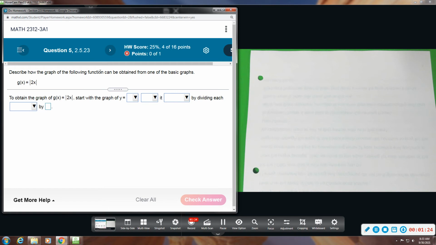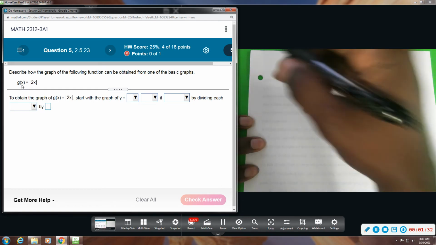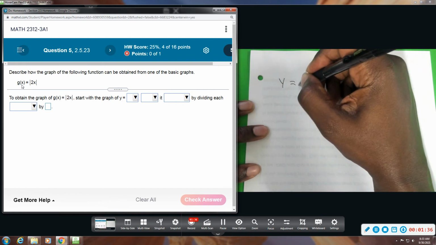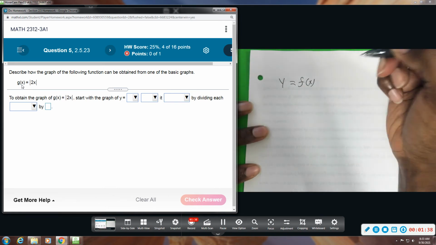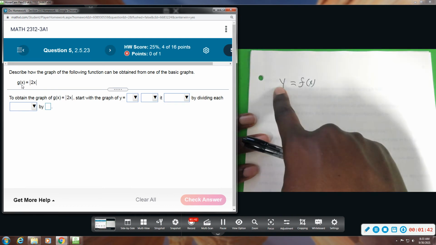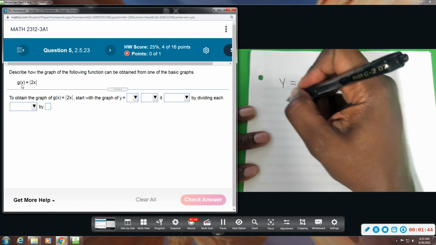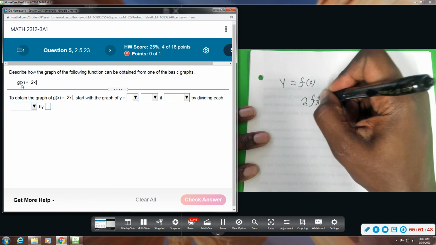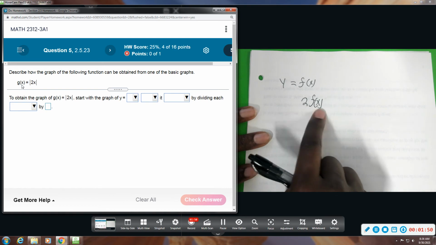Number 5, we want to describe how the following function can be obtained. Okay, so this one I can do a little explanation. So, y is equal to f of x. Okay, that's just a different notation. So, whenever we talk about transformations, and if we see, for example, 2 f of x, this means I'm multiplying the y value by 2.